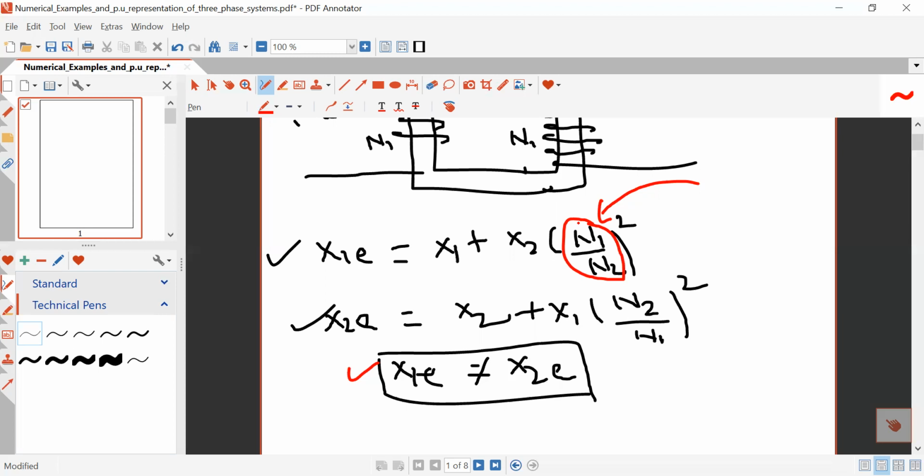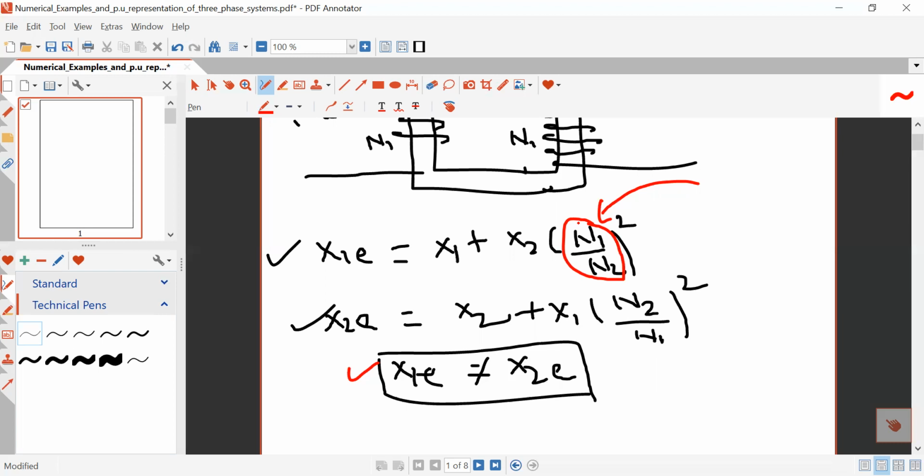This referring process is not possible without the knowledge of turn ratio. You cannot refer secondary reactance to primary side or primary reactance to secondary side without it. So turn ratio is very important when you are doing calculation in their conventional unit, or you can say when you are doing calculation in ohm.